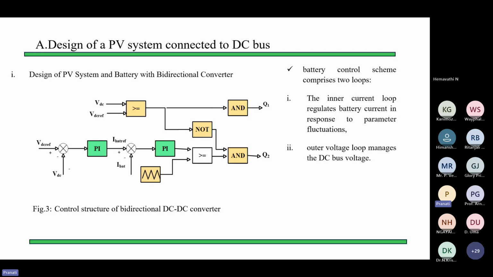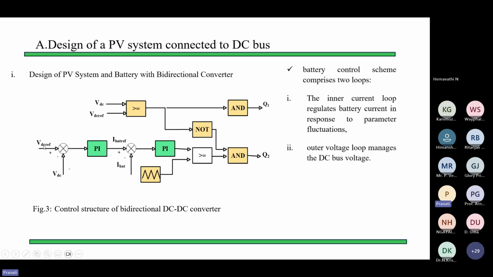Now here we have this control algorithm. The control structure of the bidirectional DC-DC converter says that we have the DC voltage reference and the measured DC voltage, which are passed through a PI controller.